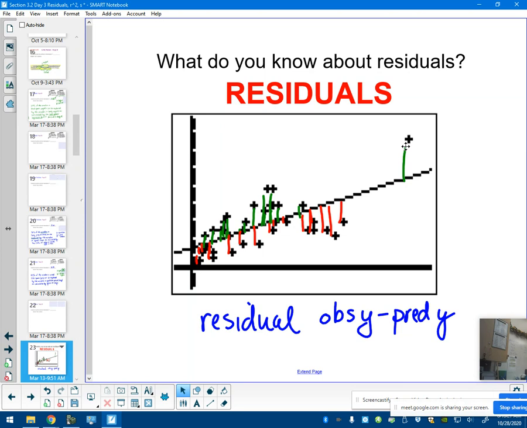Which came first, those dots or the line? The dots came first because the line is calculated shooting up through the dots. So the dots are the observed, they come first, and the line is what we predict. So all of those little residuals can be calculated.